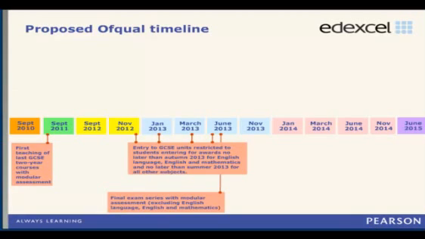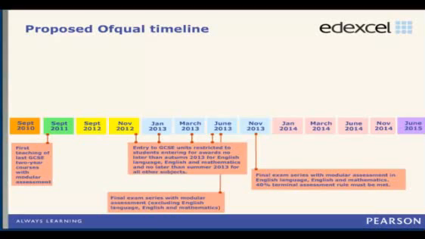The final exam series with modular assessment, including English language, English and maths, is 2013. The 40% terminal assessment rule must be met by November 2013. The series is no longer available for GCSE exams in January and March 2014.